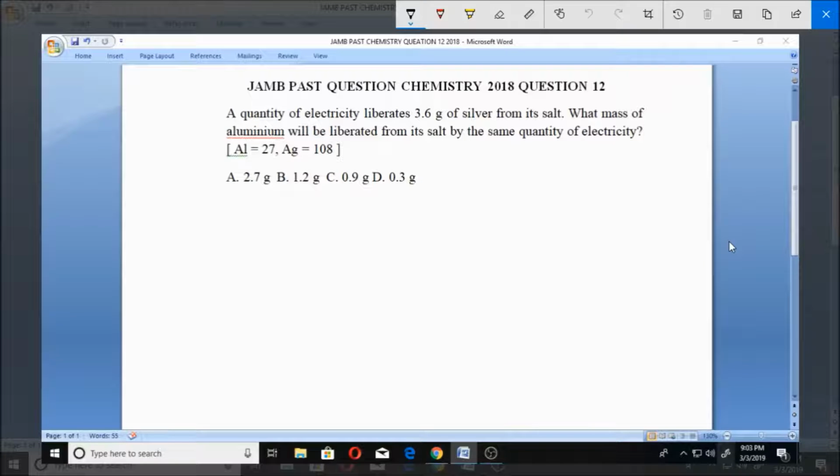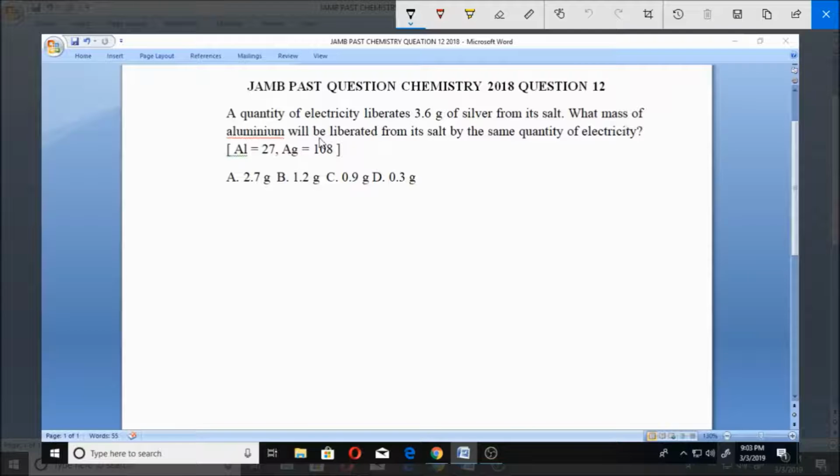Hello, welcome. Let's look at this question number 12 for JAMB Past Question Chemistry 2018. A quantity of electricity liberates 3.6 grams of silver from its salt.